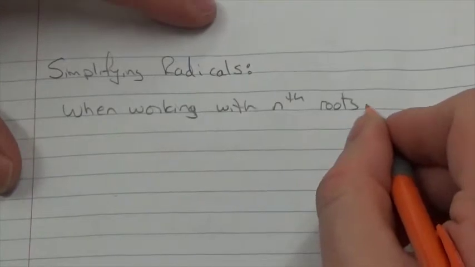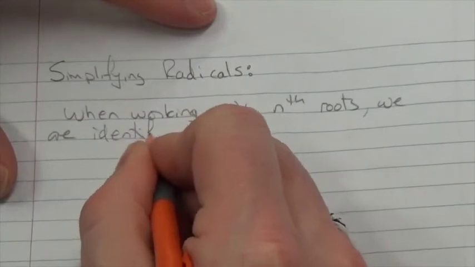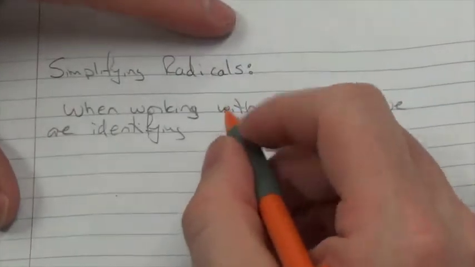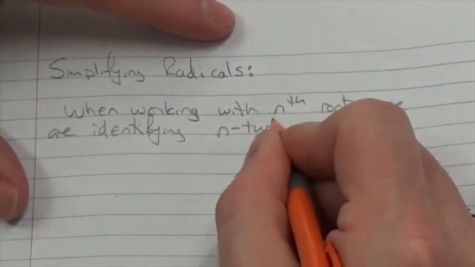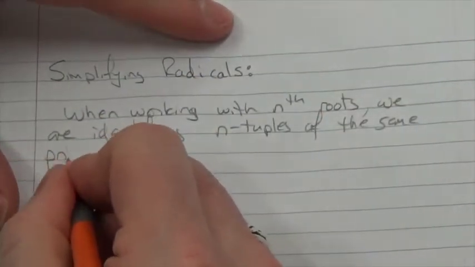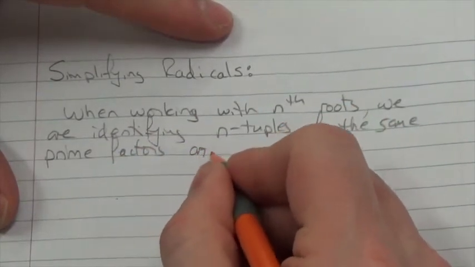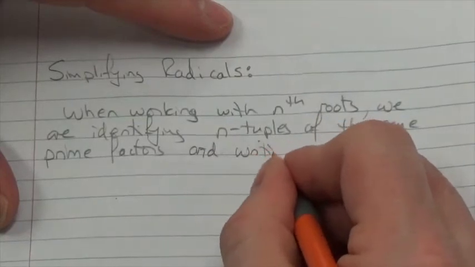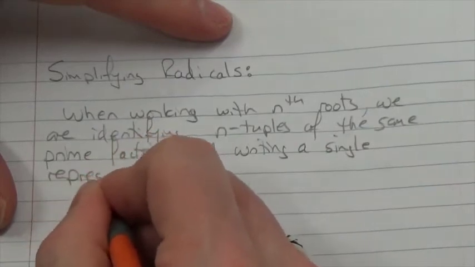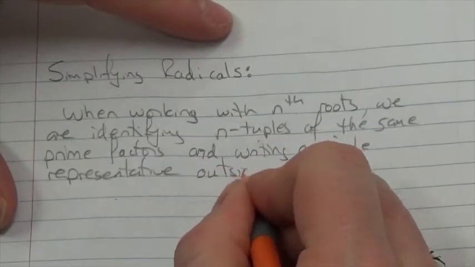What we are doing is we are identifying, and this might seem like a weird word, but I'm actually not making this one up, this is the actual word that we use, n tuples of the same prime factors and removing them, and writing a single representative outside the radical.